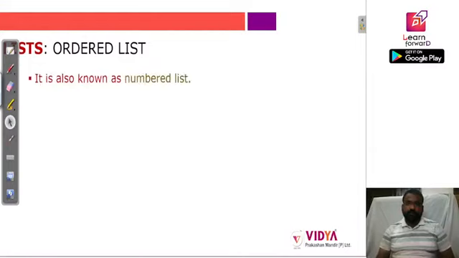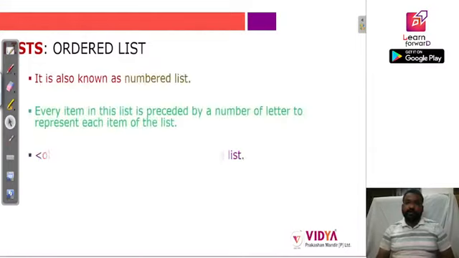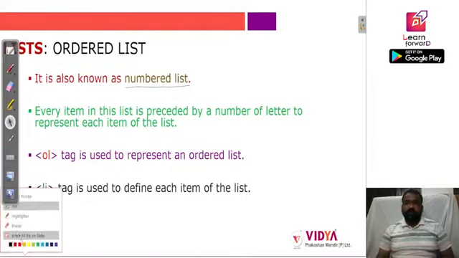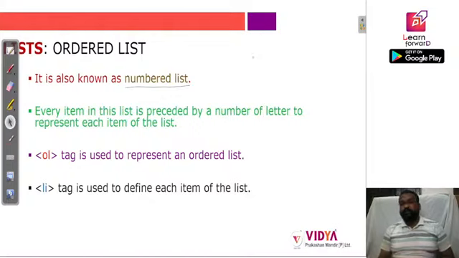Let's see what the ordered list is. Basically the ordered list is also known as a numbered list. Why are we calling it a numbered list? The reason is that the items would be represented using a numbered form, like 1, 2, 3, and then your list item.